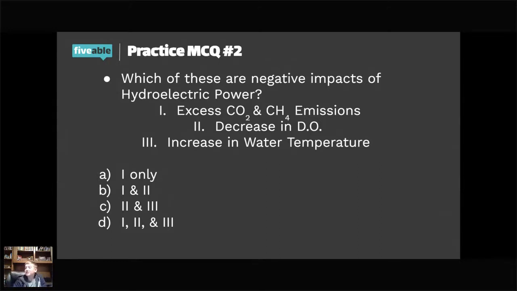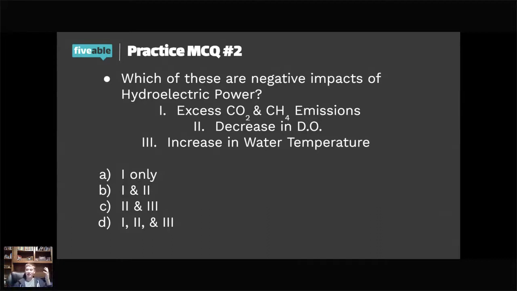But the negative impacts of hydroelectric power, back to what we were talking about. So we know that for right now, 1 is wrong and 3 is right. But now we're looking at 2. So 2, a decrease in DO. So the fish are dead, the aerobic decomposers come in. To decompose all of these dead organisms and take the nutrients, they have to use a lot of oxygen. And DO is dissolved oxygen.